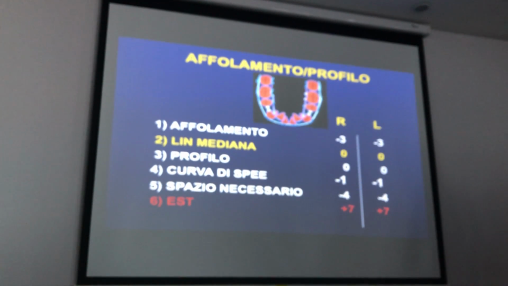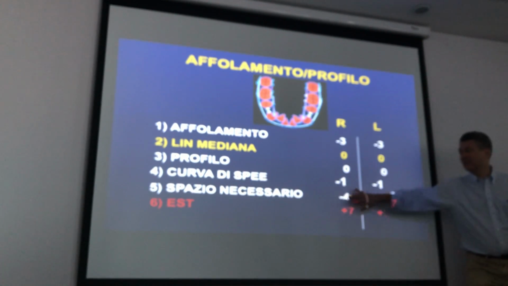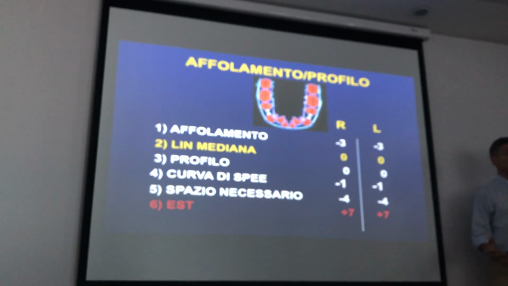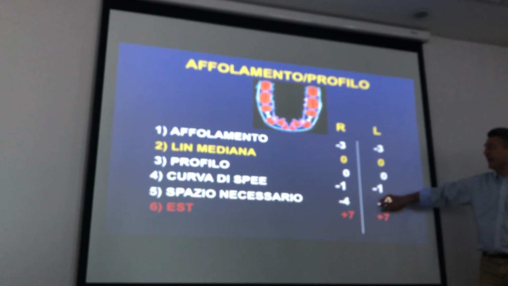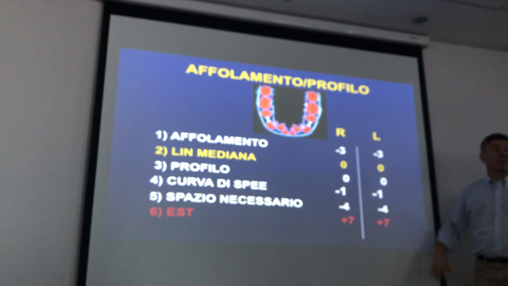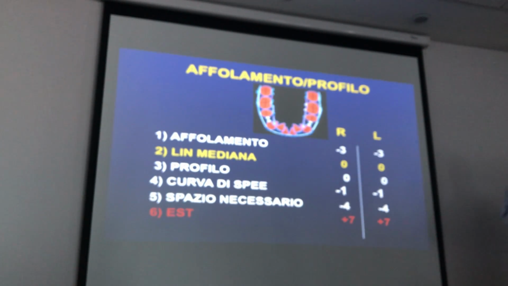So we have space that we need, 4 millimeters, but we cannot extract a tooth for 4 millimeters. We have to extract a tooth that is 7. So at this point, we know that 4 are needed for the space requirement, but 3 is more forward movement.